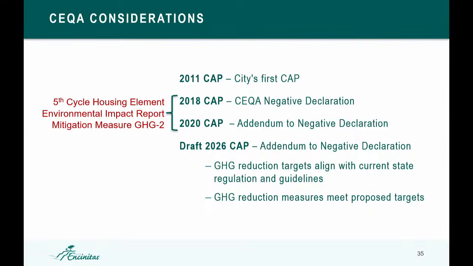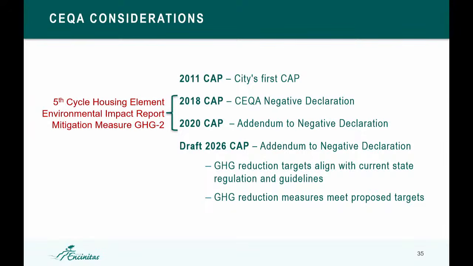So fast forward to current day, we currently have in front of you the draft 2026 CAP. In the same fashion, the greenhouse gas reduction targets that are being proposed in the draft 2026 CAP are in alignment with current state regulations and guidelines, and that's what is used to determine the environmental impacts in CEQA.